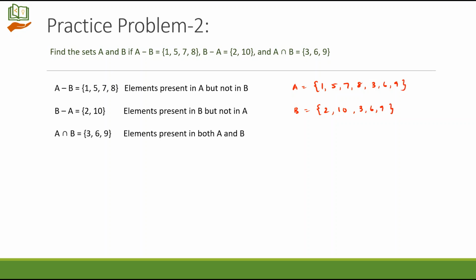Now if you compute A minus B, you will get this answer. If you compute B minus A, you will get this answer. If you compute A intersection B, you will have this answer. Now we will just arrange it for readability purpose. A is equal to 1, 3, 5, 6, 7, 8, 9. B is equal to 2, 3, 6, 9, 10.